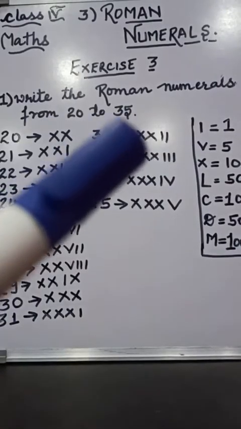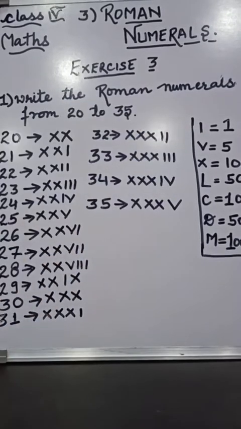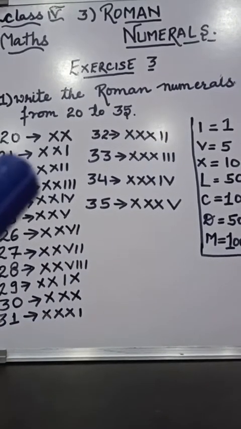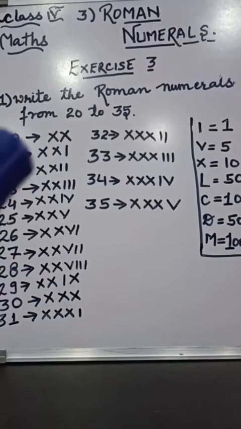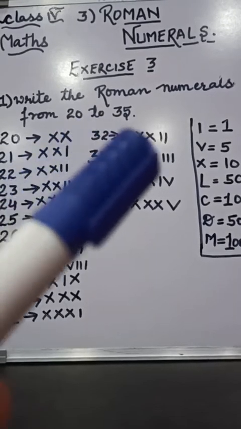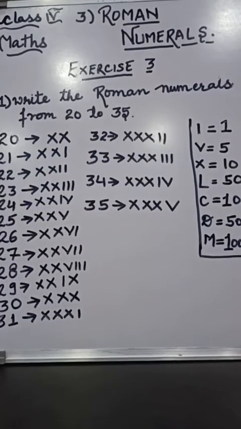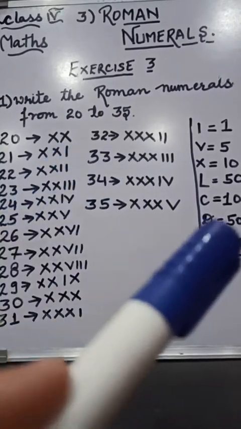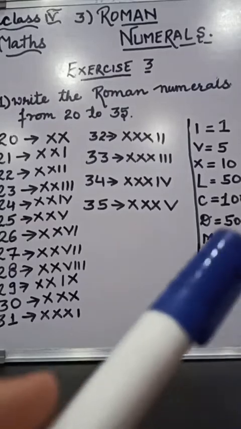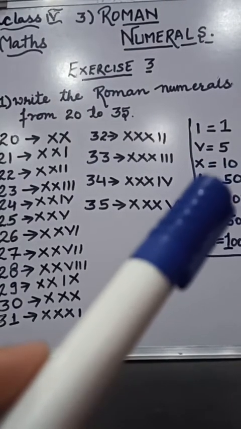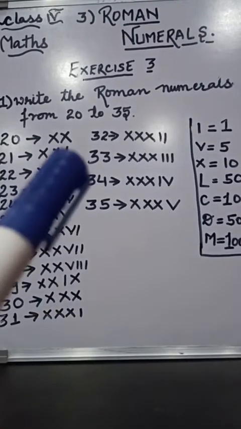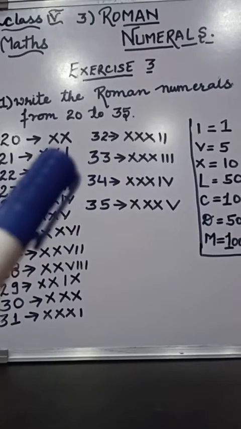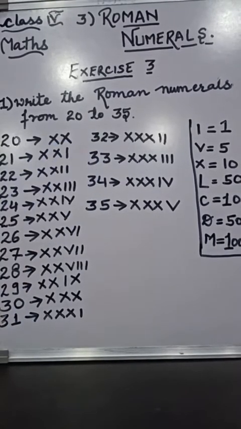Write the Roman numerals from 20 to 35. So we will start from 20. As we can see, the value of X is 10, so 10 plus 10, 20, so XX.